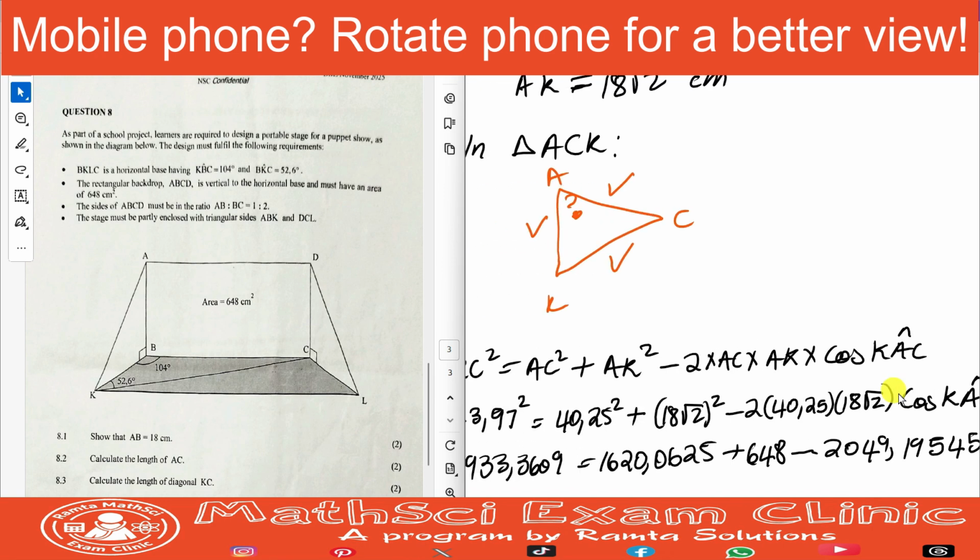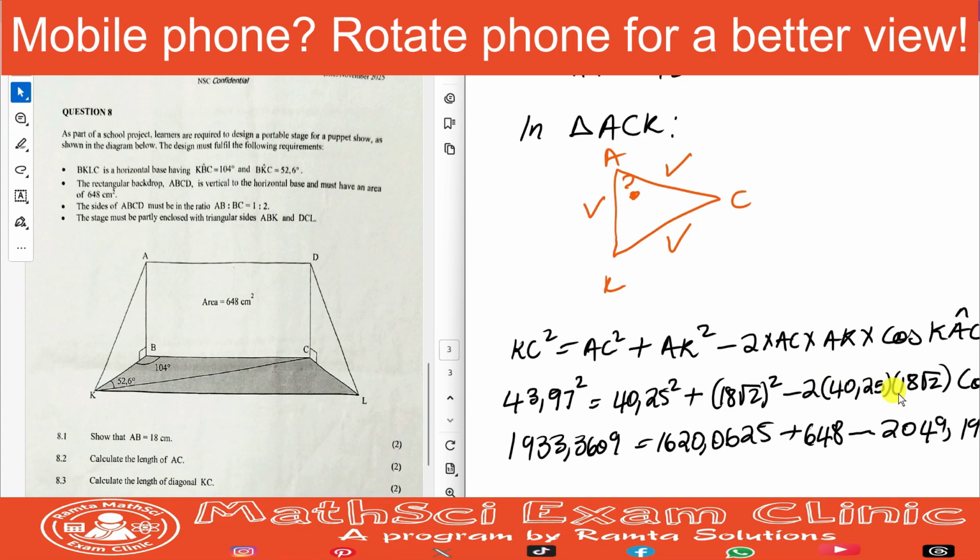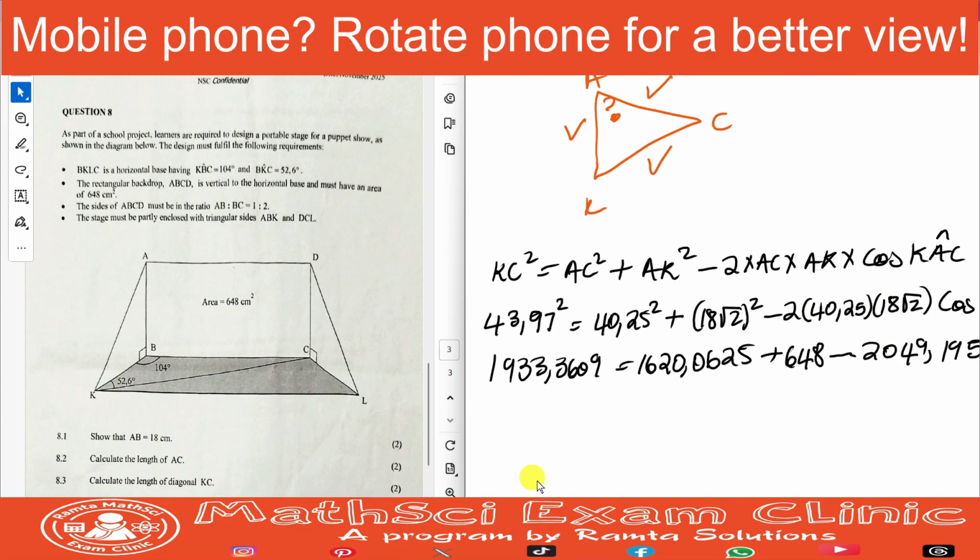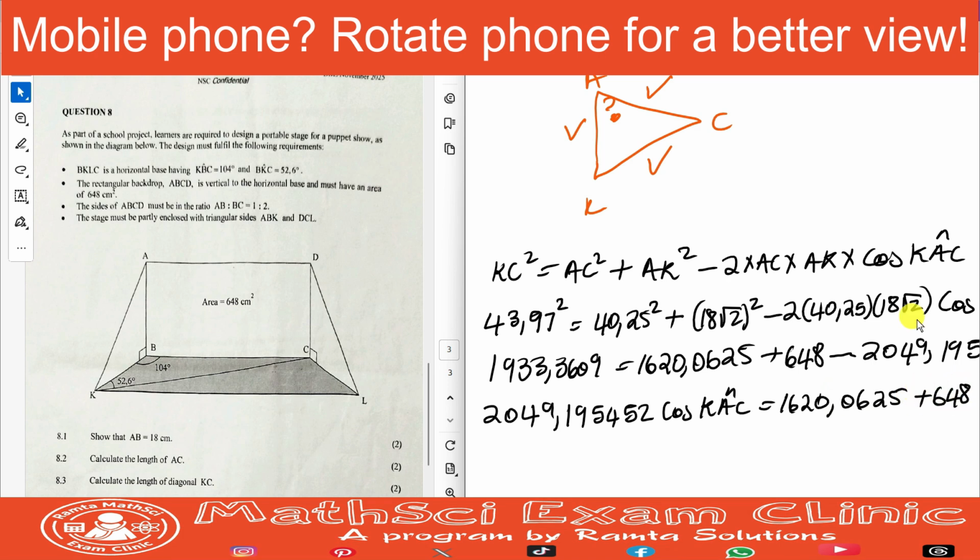Now, let's take this one to the left. So 1954.52 cos angle KAC will be equal to 1620,0625 plus 648.